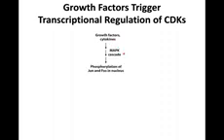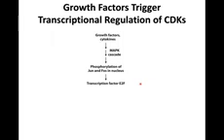Growth factors regulate cyclin-dependent kinase activity by controlling the rate of synthesis of a cyclin or a cyclin-dependent kinase, or both. Extracellular signals such as growth factors or cytokines activate a phosphorylation cascade, such as the MAP kinase cascade, which initiates phosphorylation of Jun and Fos genes in the nucleus. Now, this results in the activation of transcription factor E2F.